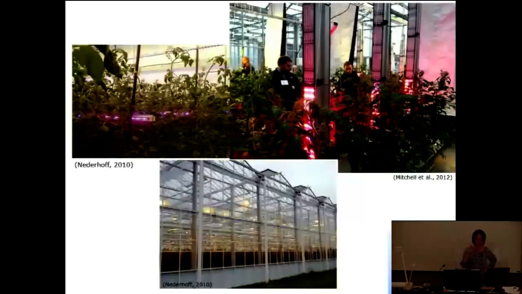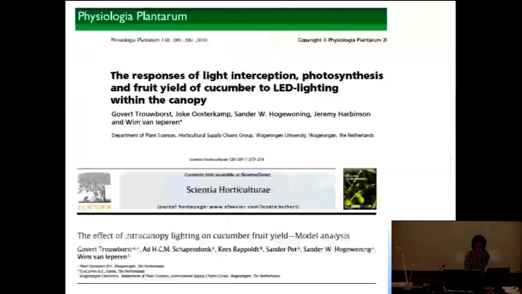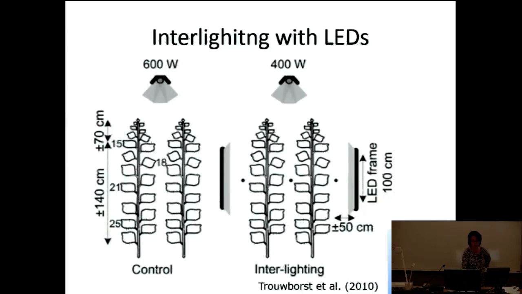So the LED is interesting. They did the study seriously a few years later than the Finnish group. Now it's LED lighting, looking at interlighting using LEDs. And life is not easy, okay? So this is not a happy ending story. It's just complicated, but I think it's important to learn the effort of people trying to develop the technology.